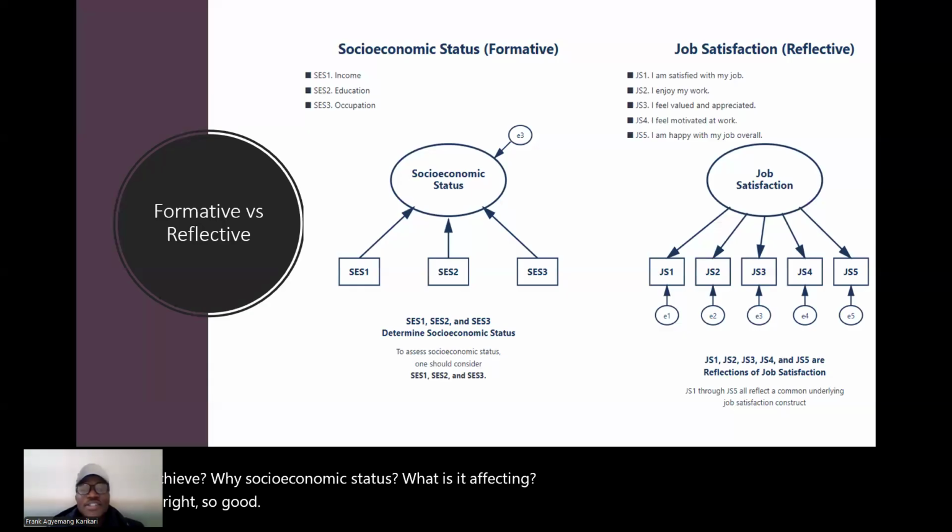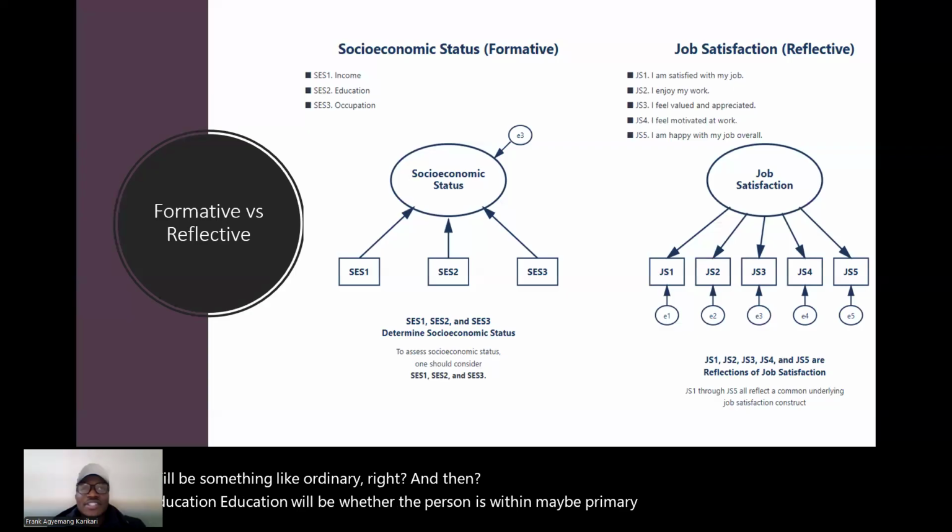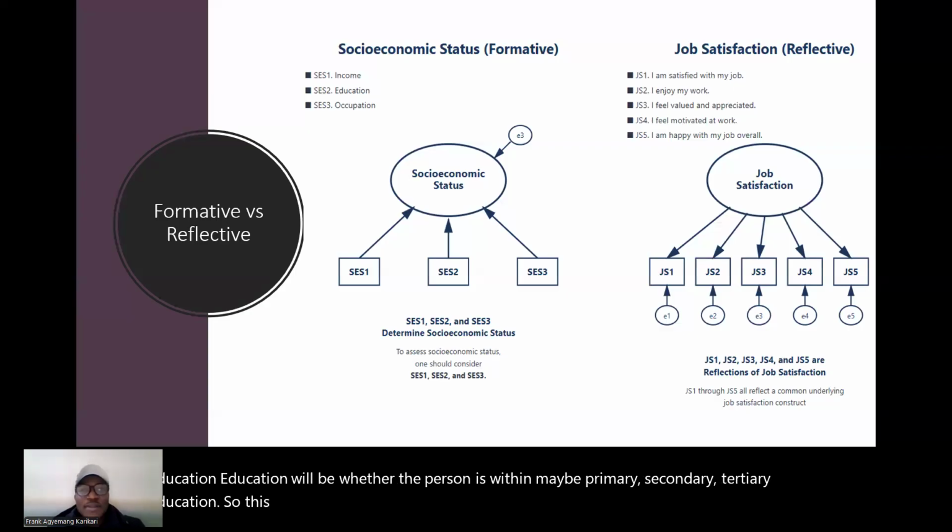But you see, income will be something like ordinal, right? And then education will be whether the person is within maybe primary, secondary, or tertiary education. So this is also ordinal. And then occupation.